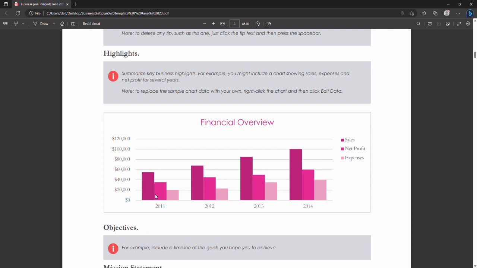And here, you can see the different colors there. Like in 2011, the first column is the sales. That's the revenue, which is 55,000 US dollars there. That's the first column. Then we also look at the other column there. That's the expenses, 20,000 US dollars.